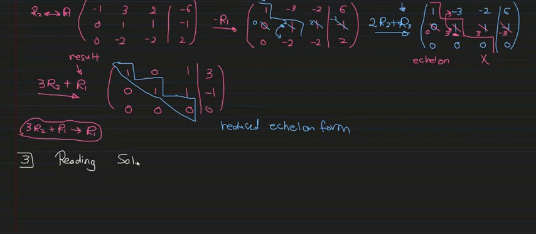So let's read the solution again from bottom to top. Row 3 indicates that 0 is equal to 0 because this bar is 0. And it's beneficial to state that you had here a column for x1, x2, x3, so that we don't forget it.